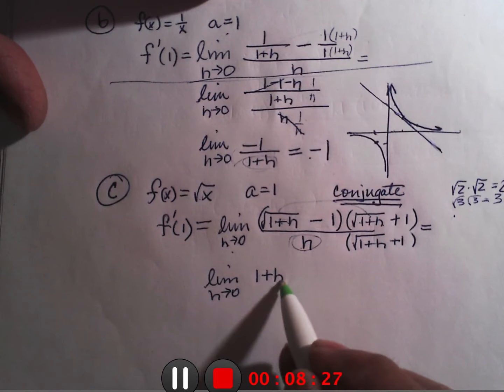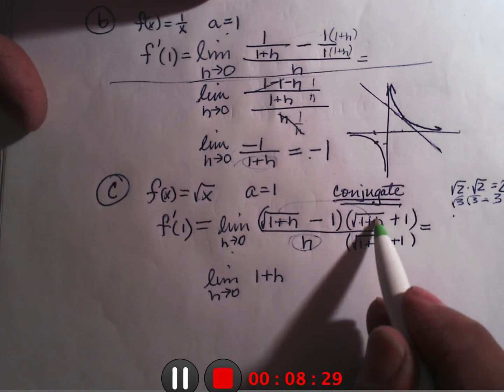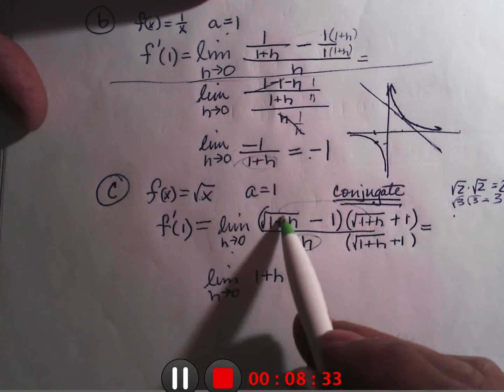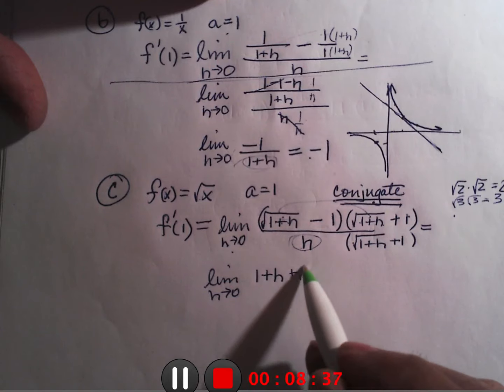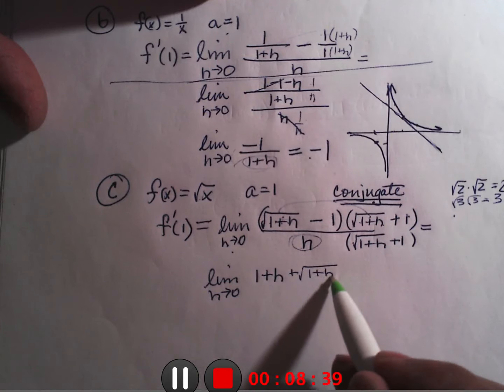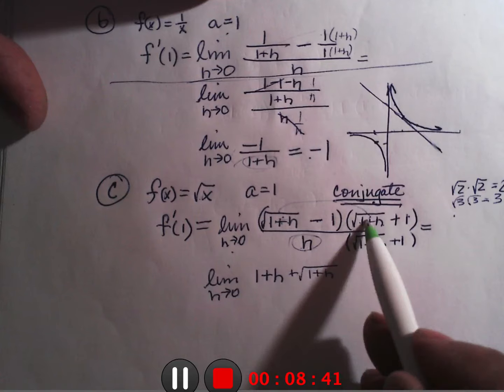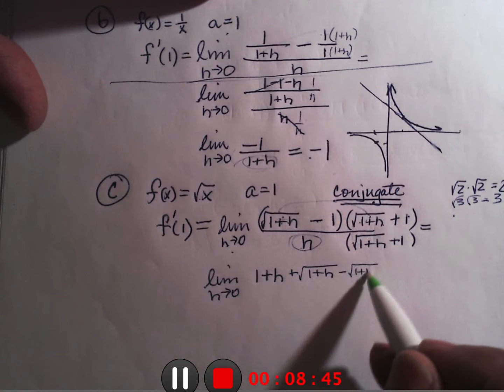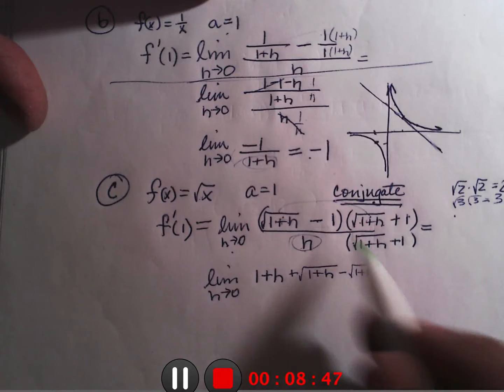and I multiply those. And then I get 1 times this, which is plus the square root of 1 plus h. But then I get minus 1 times that, so I get minus the square root of 1 plus h. And then I get minus 1 times 1, which is minus 1.